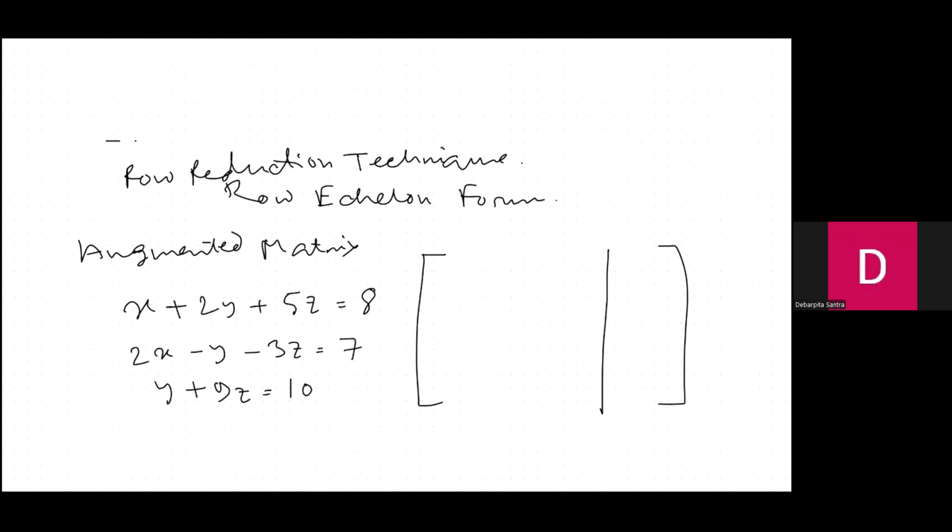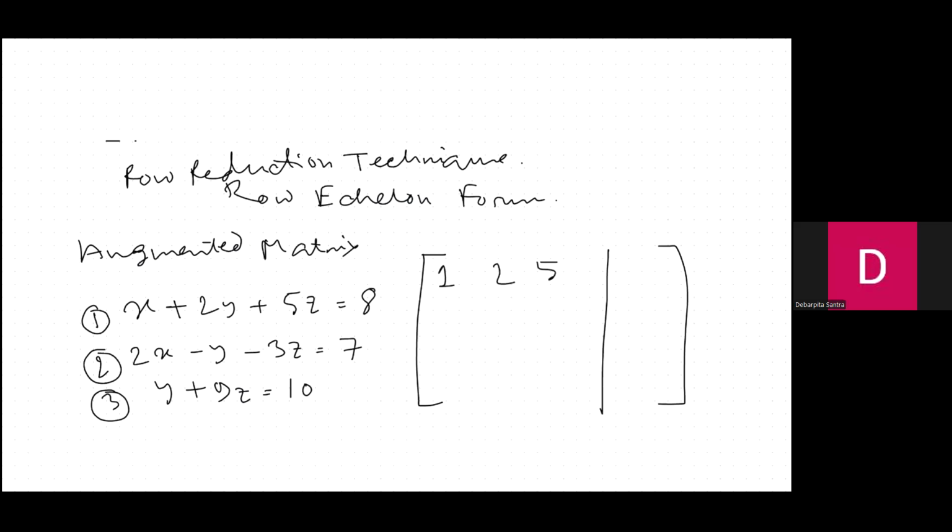Suppose the first one is equation number 1, the second is equation number 2, the third is equation number 3. From equation 1, the coefficient of x is 1, since it is only x. For y, the coefficient is 2. For z, the coefficient is 5.